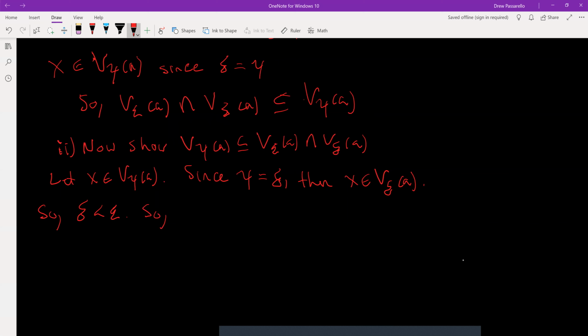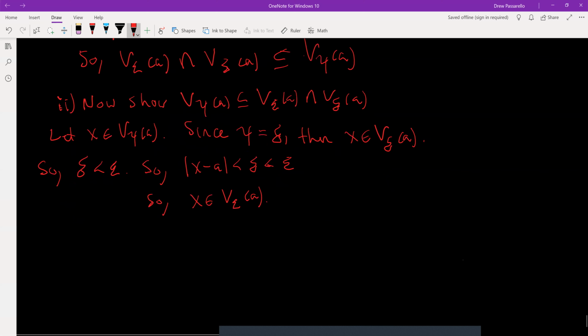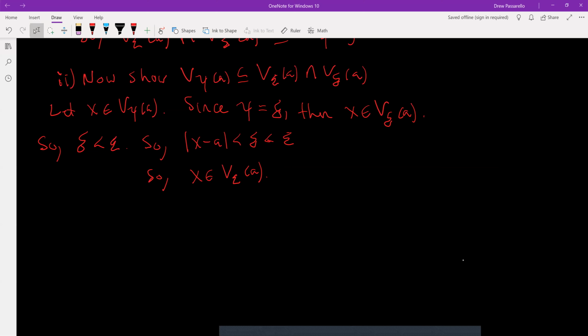So the absolute value of x minus a is less than delta, which is less than epsilon. So then x is in the epsilon neighborhood. So we know x is in the delta neighborhood and x is in the epsilon neighborhood.